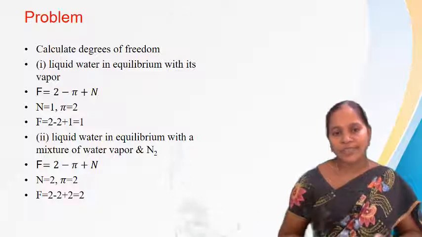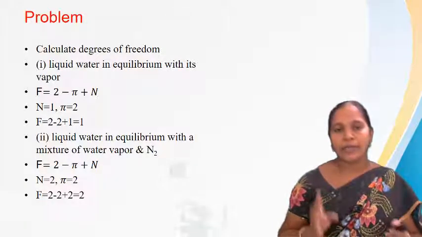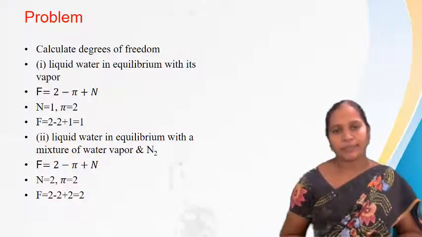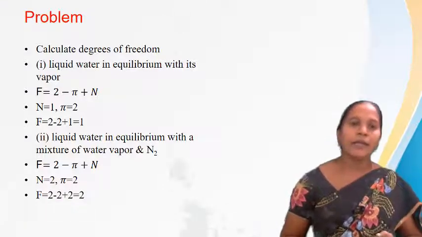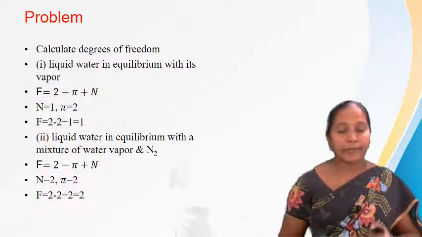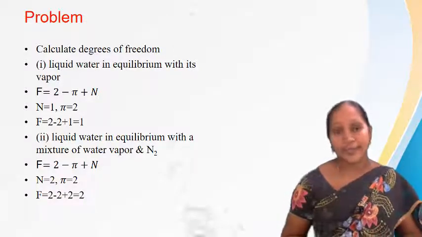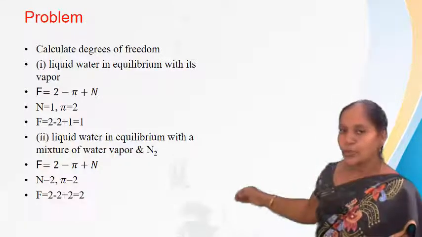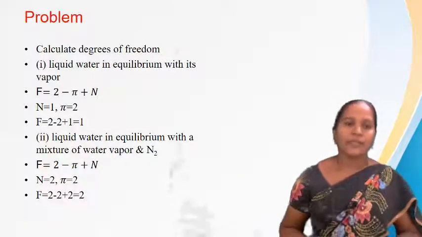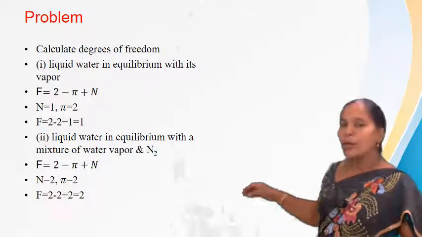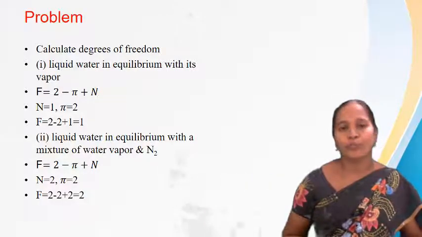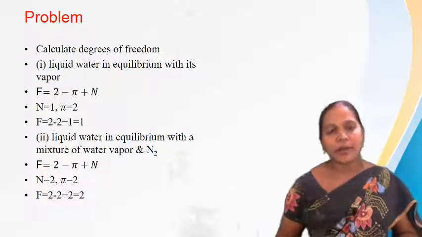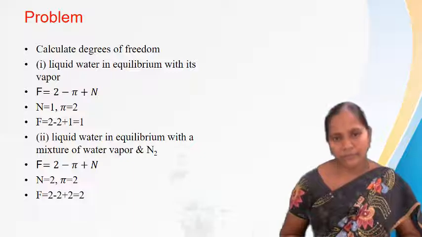The phases are the liquid phase and the vapor phase, so the number of phases is 2. Degrees of freedom equals 2 minus 2 plus 2, which equals 2. If f equals 2, the system is called a divariant system.